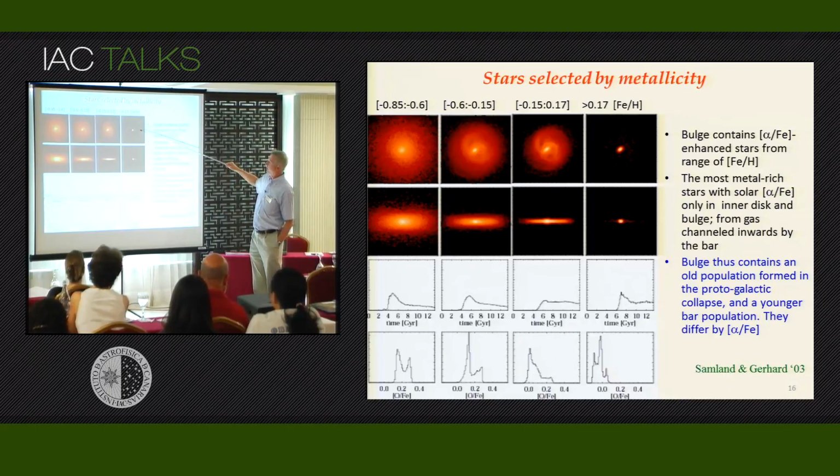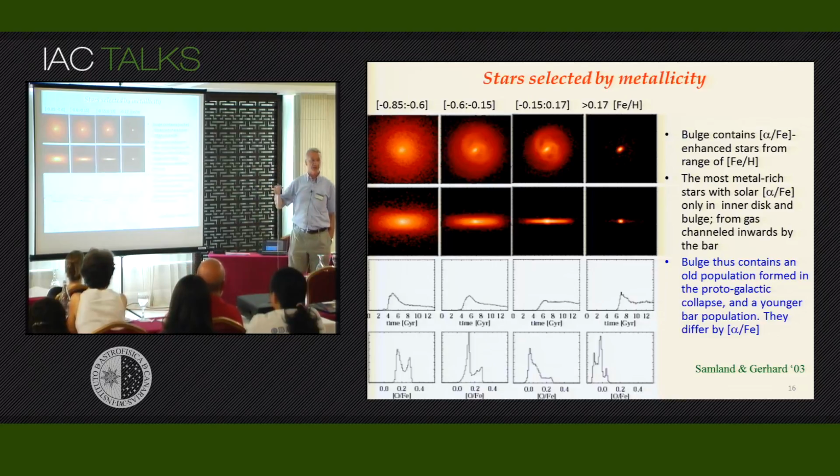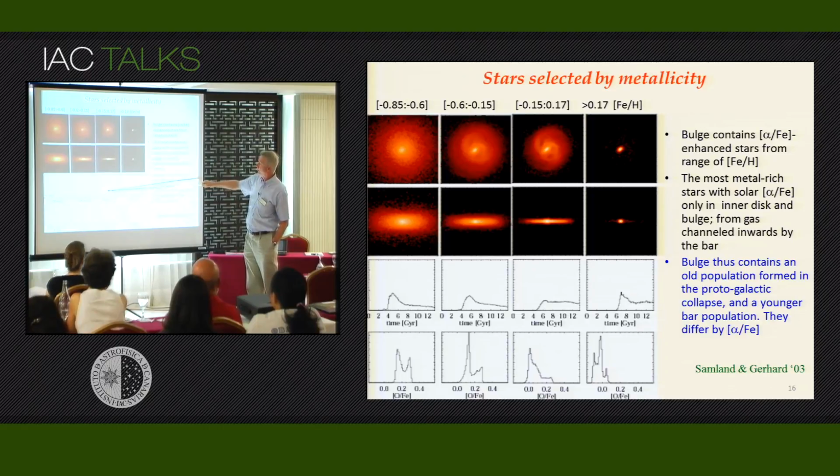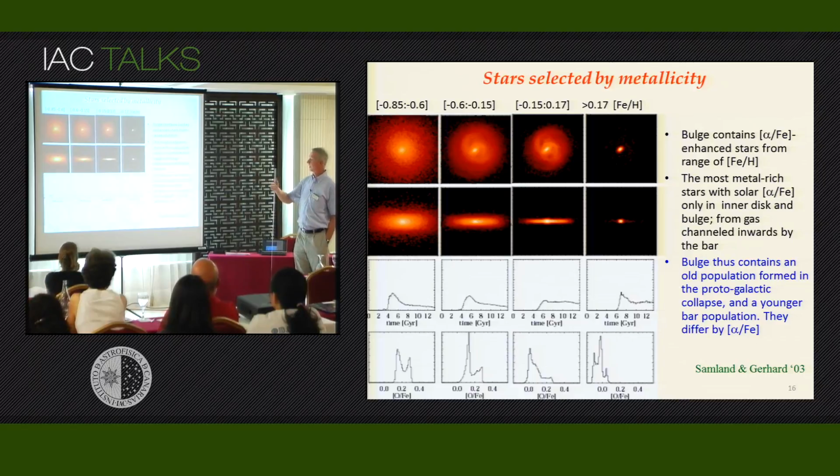And you can see that, for example, the most metal-rich stars end up in the center because they're made at the very end from inflows triggered by the bar. But on the other hand, if you look at any given metallicity, you can see that there's a relatively long history of when these stars were formed. And there's also quite a variety of different alpha to iron ratios. That's depending on the time scales with which the stars were formed compared to the gas infall, etc.